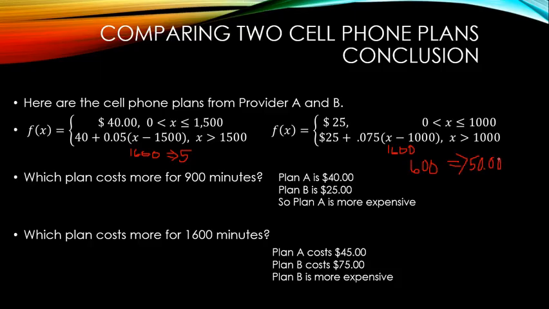And then 45 plus 25 is going to be $70. Oh no, sorry, that is 75, but this should be 75, and this should be 45. Looking at the wrong numbers.